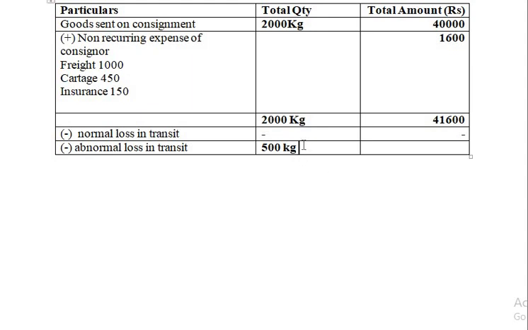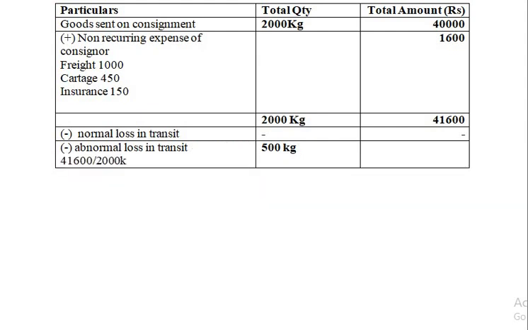We have written the total quantity. Then how to calculate the total amount? Here 41,600 is incurred for 2000 kg.